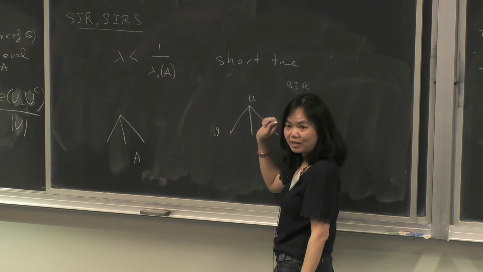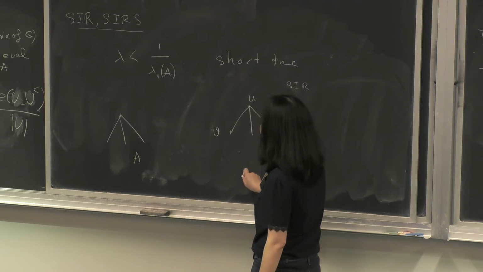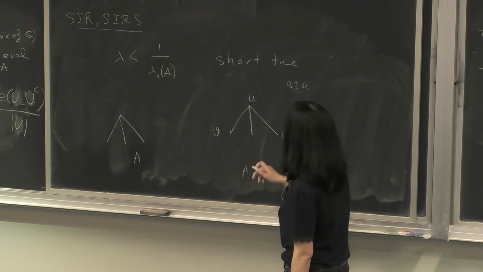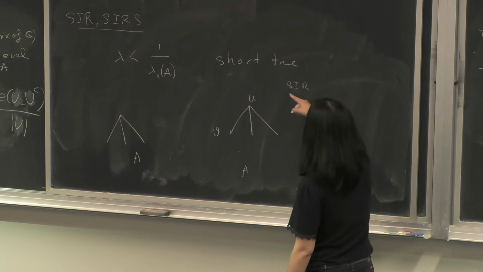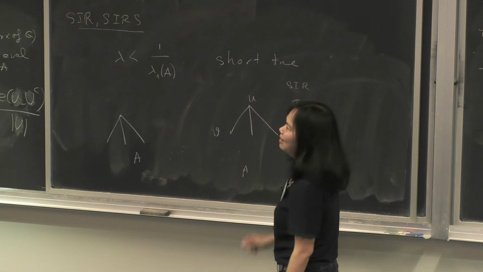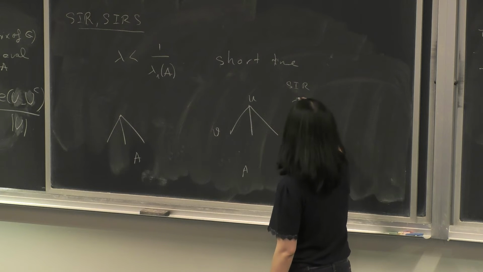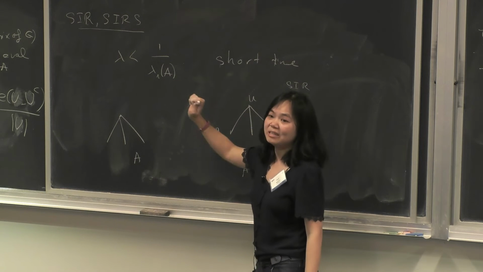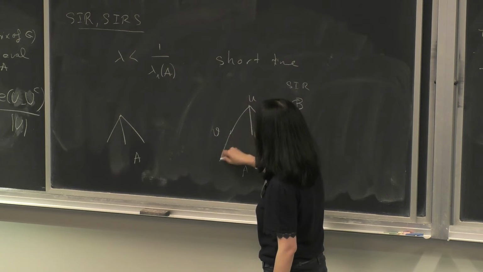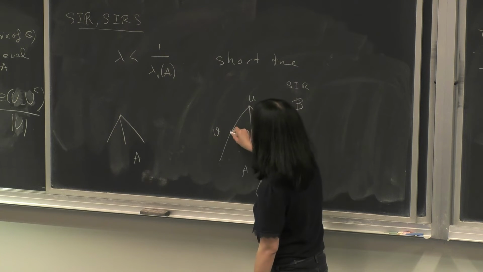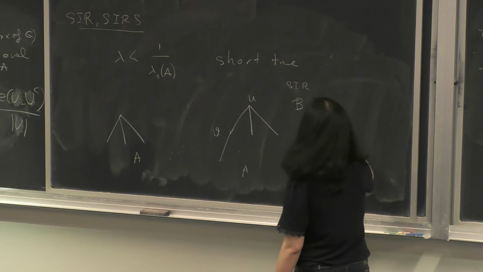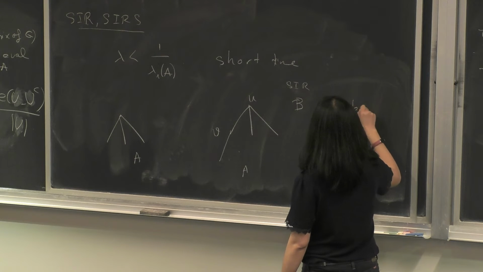So we don't care about reinfection. So A is actually not the right matrix to look at for SIR. The more logical one to look at is the non-backtracking matrix, where it looks at the edges coming out of V that do not count this edge. So B is the non-backtracking matrix.